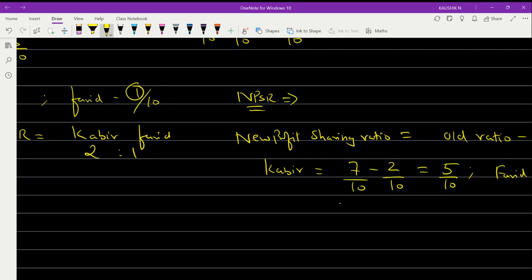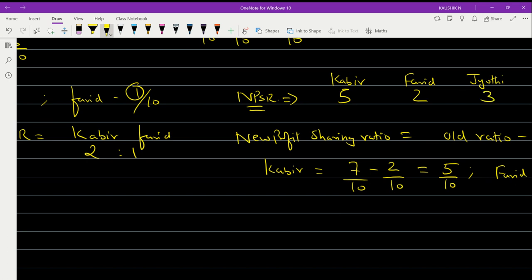So NPSR of Kabir, Farid and the third person Jyoti: for Kabir 5, for Farid 2, and for Jyoti 3.